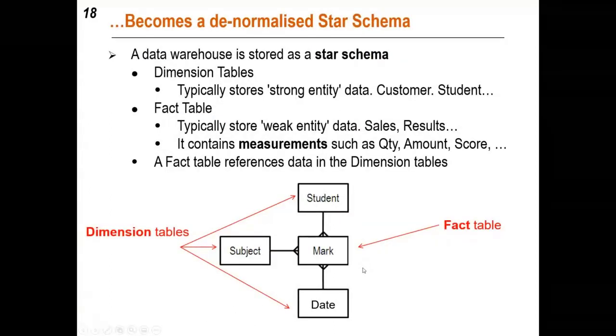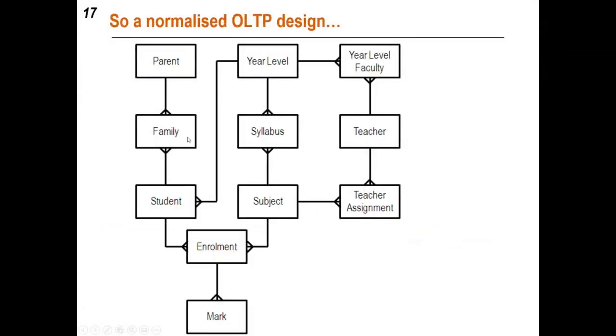So if I create a data warehouse schema or star schema in this case, my schema looks like this. We have a few dimension tables. We have the student table, where I can have everything: family information, parent information, student information.